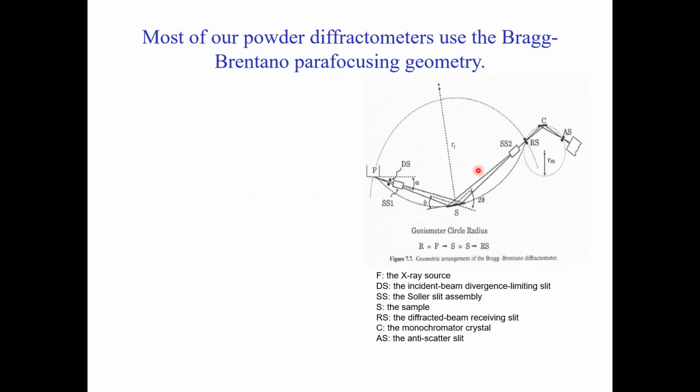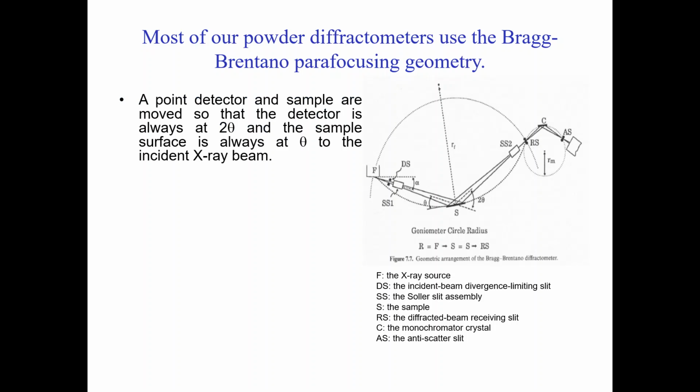So these are the different parts of the Bragg-Brentano para-focusing geometry, which is the geometry most powder diffractometers use.